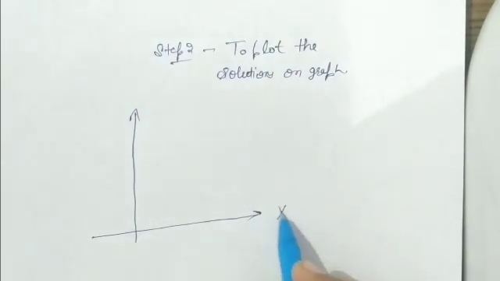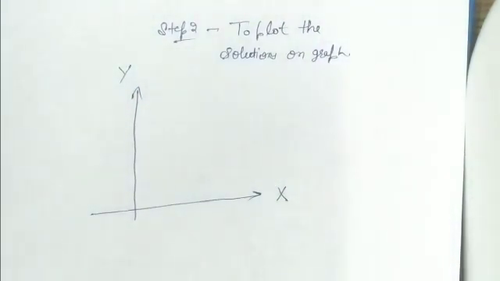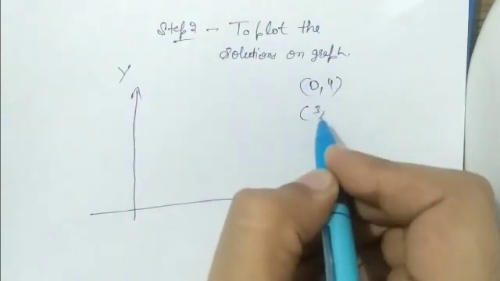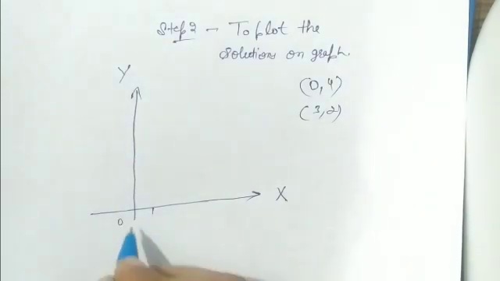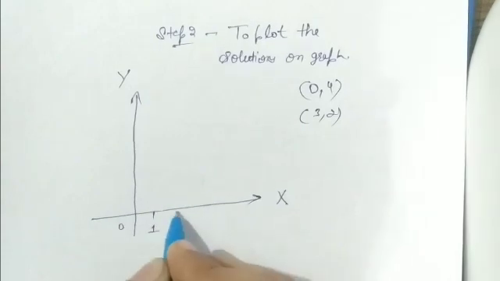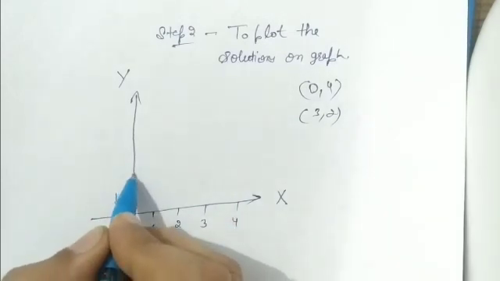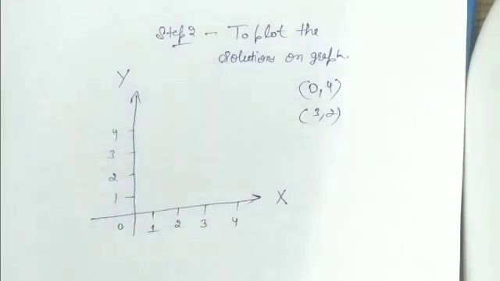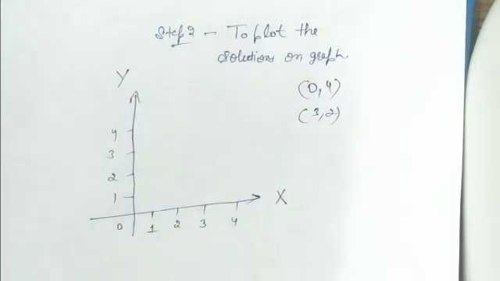Let's say this is my x-axis, this is my y-axis. I am going to plot my 2 solutions. One was (0, 4) and another was (3, 2). Here this will be our origin. Our x-axis will have the points 1, 2, 3, 4 like this, and so on. Similarly, y will have the points 1, 2, 3, 4, that is enough. If we have negative numbers, then you can draw further downside and on the left hand side.